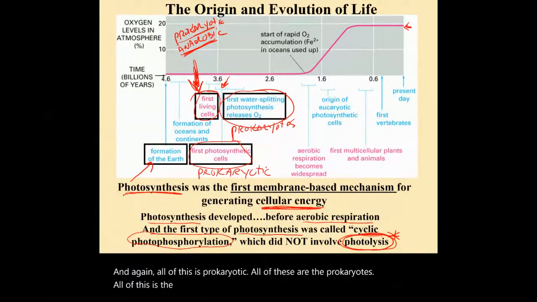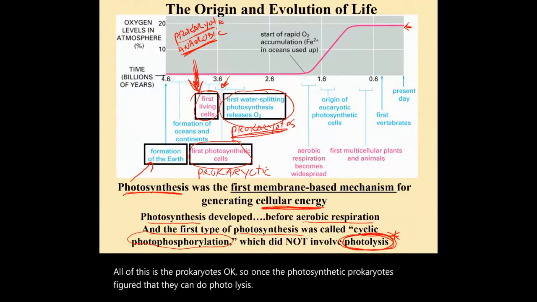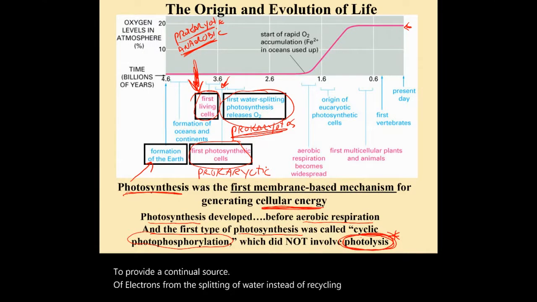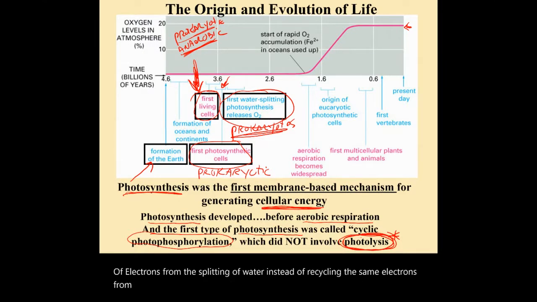So once the photosynthetic prokaryotes figured out that they can do photolysis to provide a continual source of electrons from the splitting of water, instead of recycling the same electrons from chlorophyll, they said, wait a minute, I can use solar energy to split water.